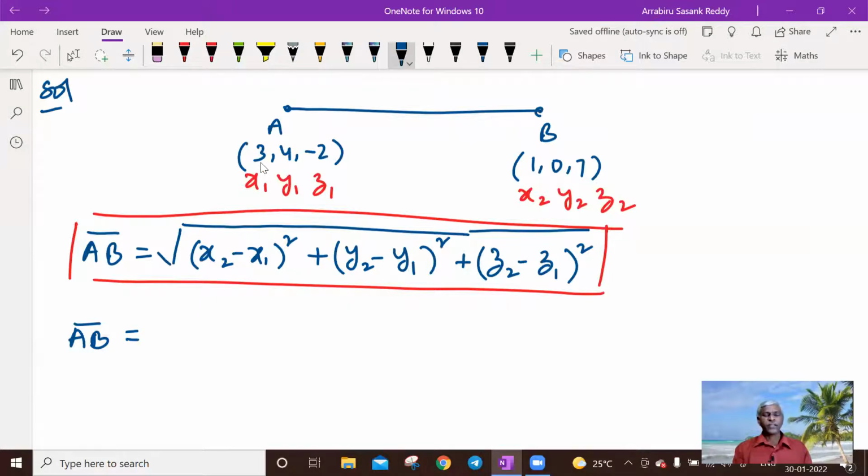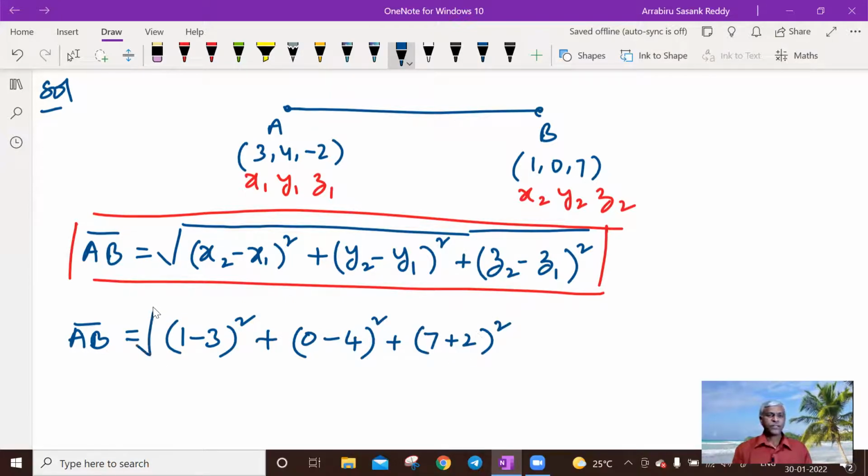You can subtract A from B or B from A. To avoid confusion, I take x2 minus x1 as it is. 1 minus 3 whole square plus y2 minus y1, 0 minus 4 whole square, z2 minus z1, 7 minus minus 2, 7 plus 2, minus becomes plus. So under root.